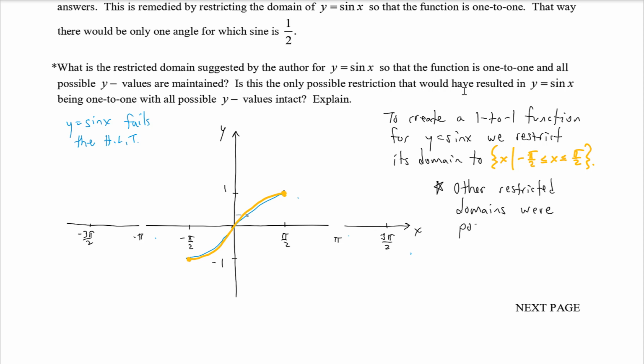Now, so why do we choose this one? Again, I guess the most practical reason is this is the restriction that technology uses, so calculators and mathematical software. But, again, there's something to be said about the fact that the restricted domain allows for some negatives, some positives, and zero, so a variety of inputs.